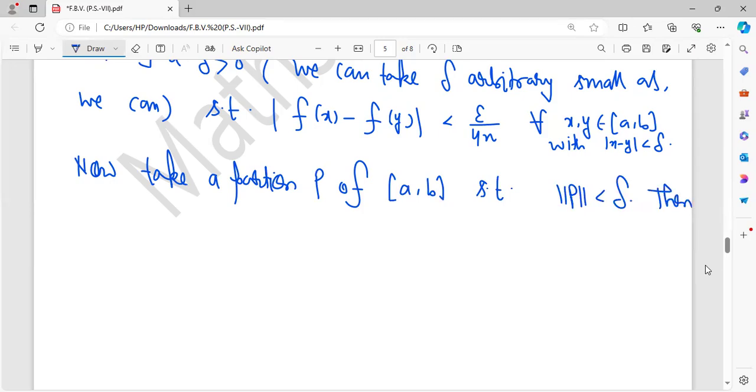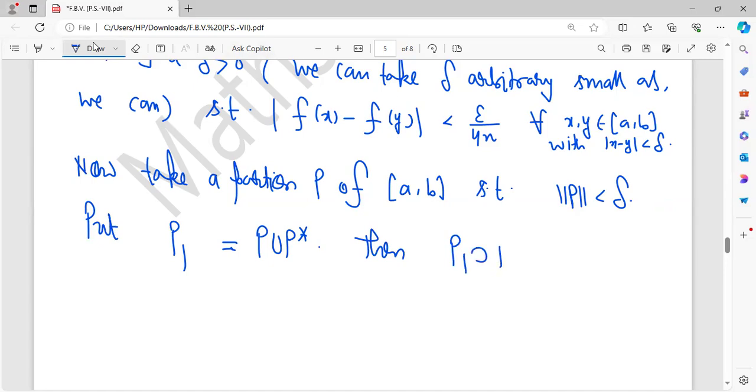Then, okay, put P1 equal to P union P star. Then P1 is containing P, and P star is also contained in P1.